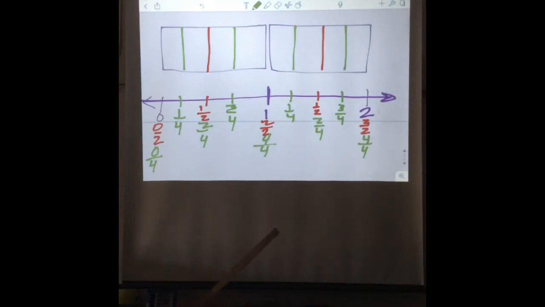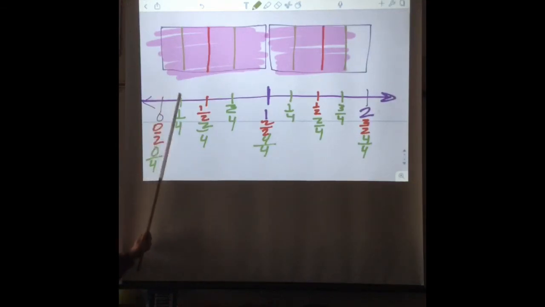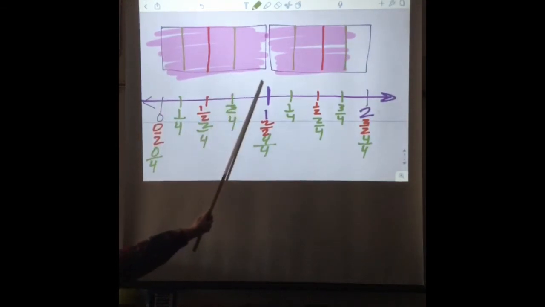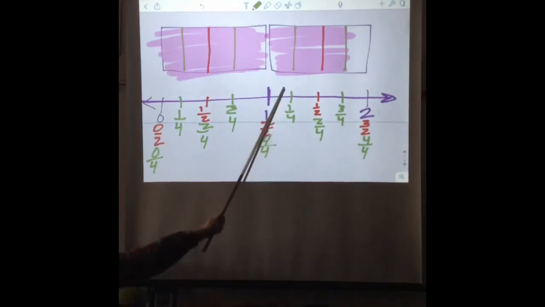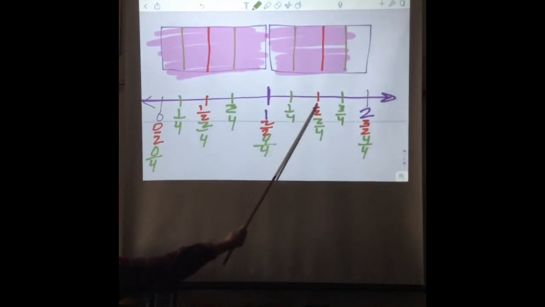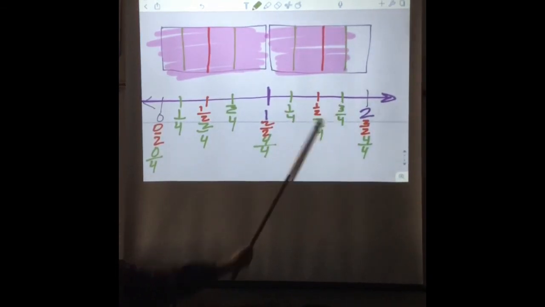Now, if we were going to use our mixed number, let me again say this one's all shaded in, and let's say this is shaded in. How would we write it as a mixed number? Well, I hope you're saying, let's see, I have 1/4, 2/4, 3/4, 4/4, 5/4, 6/4, 7/4.